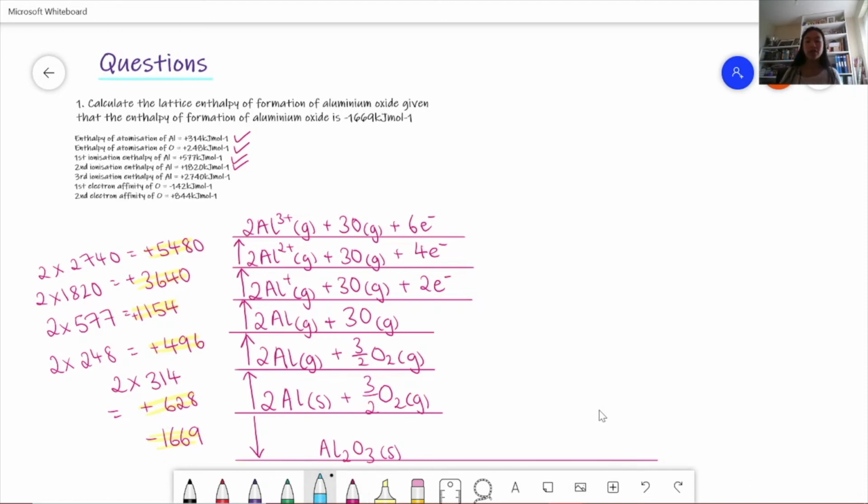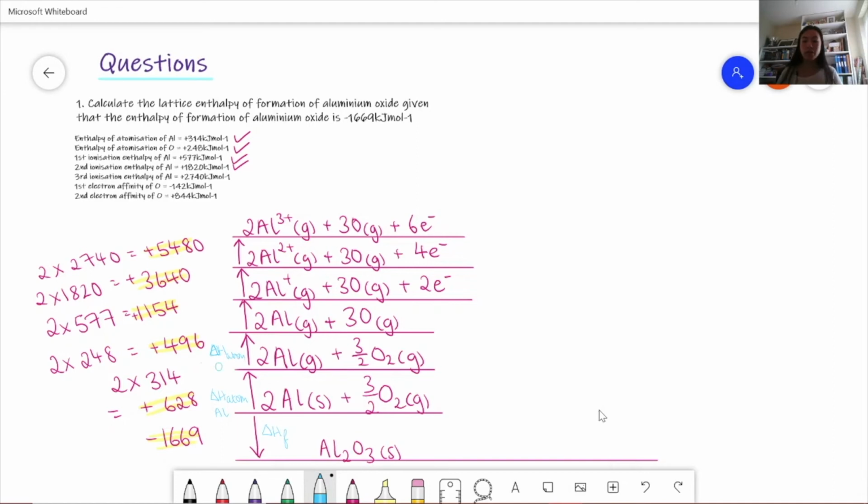Now another thing which will be very useful to do, is to actually label all the different steps that you've done. So for example, this one would be the delta H of formation. This one would be the delta H of atomization of aluminium. And then this is the delta H of atomization of oxygen.